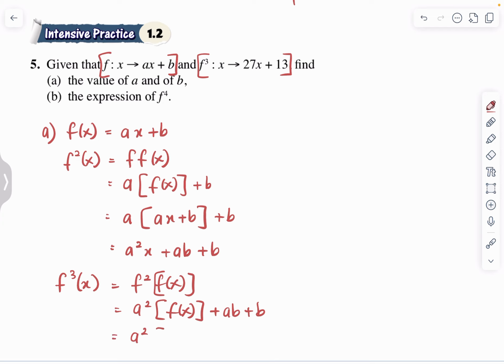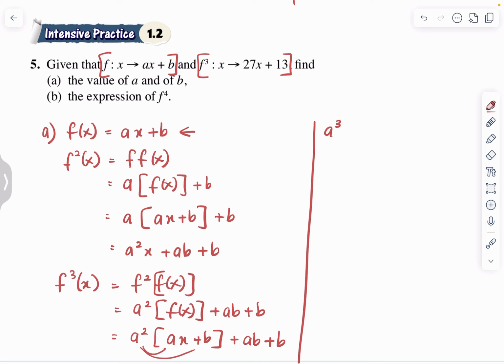So we sub in the f(x): a squared times (ax plus b) plus ab plus b. So let's expand this. So we'll get a cubed x plus a squared b plus ab plus b.